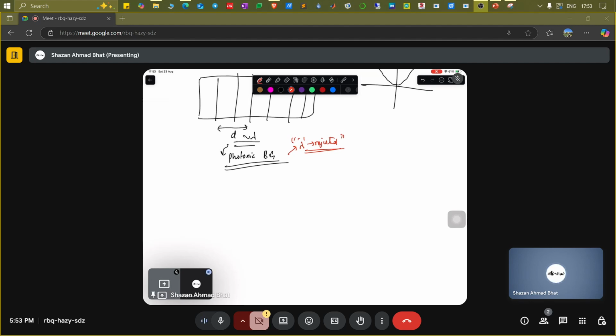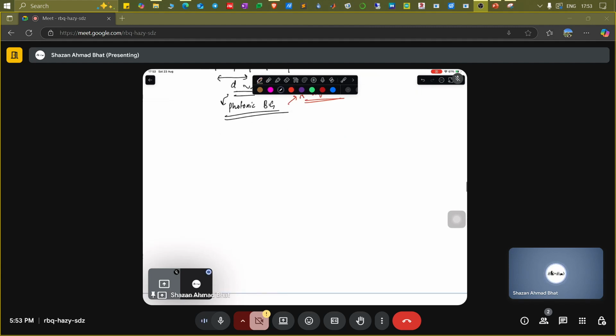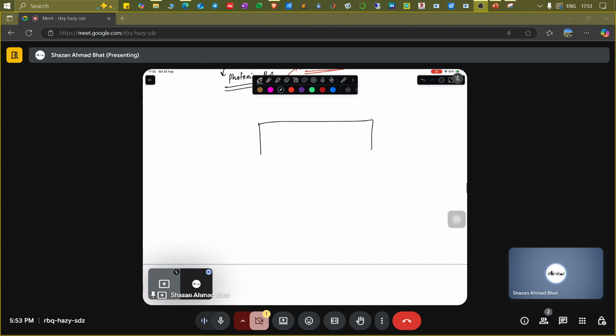Now what is going to happen is, let's say you have a lattice, a repetitive arrangement. When I'm talking about a repetitive arrangement, I'm saying that this has a refractive index n1, this is n2, n1, n2, and so on and so forth.